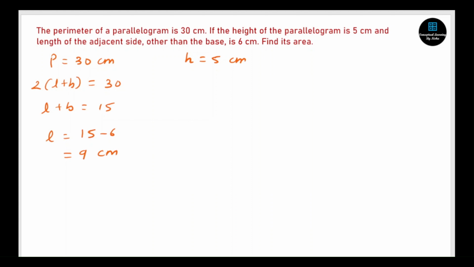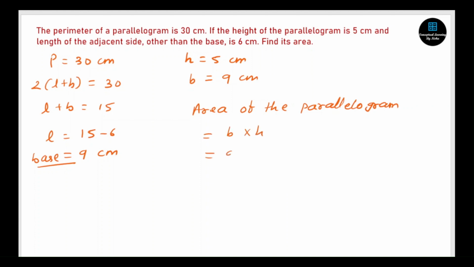Now this is nothing but the base for me. We have the base and we have the height, correct? So I can find the area. Area of the parallelogram equals base into height, which is 9 times 5, 45, and write the unit properly.